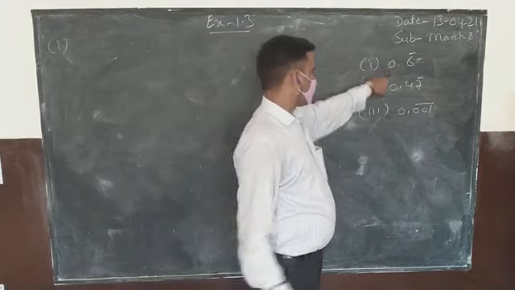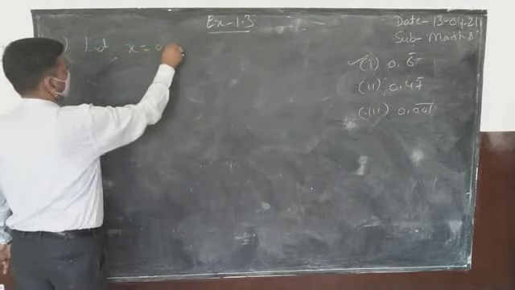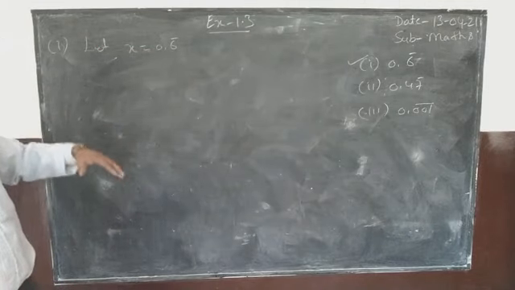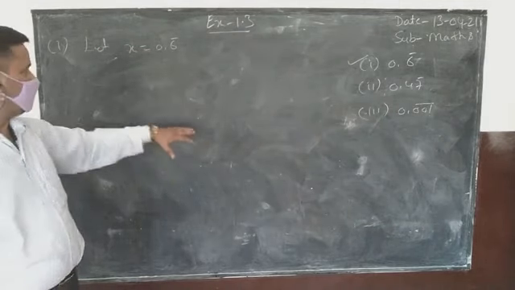Let x equal 0.6 bar. Every question you will solve in this method. First of all, whichever value is given, you let this value be x equal to 0.6 bar. After that, you will check how many digits are repeating.